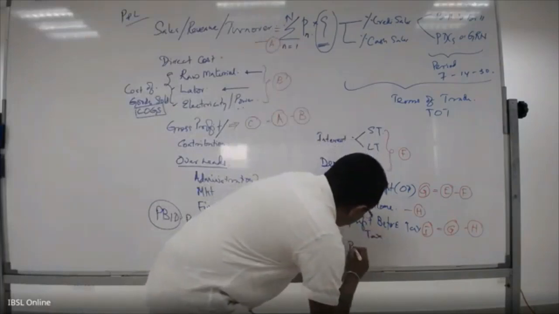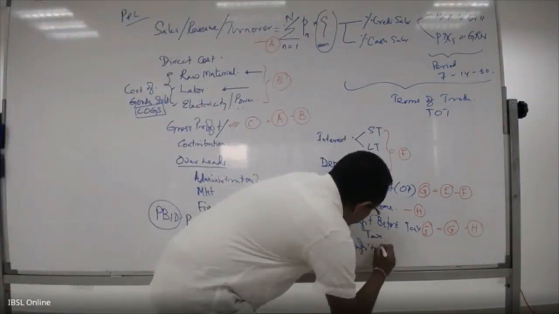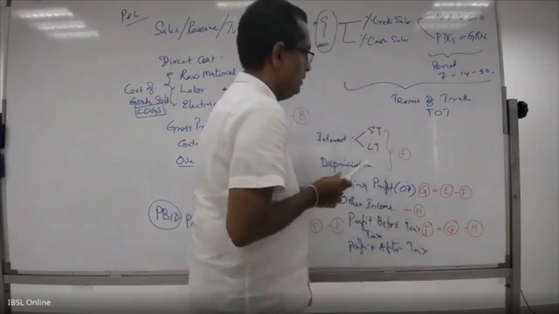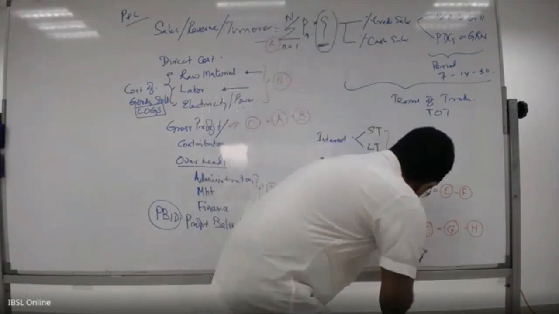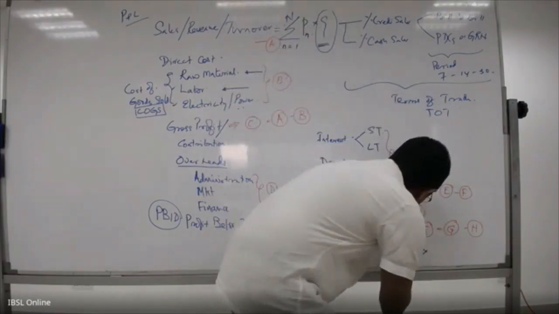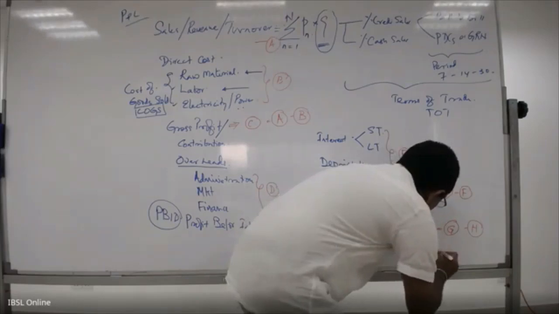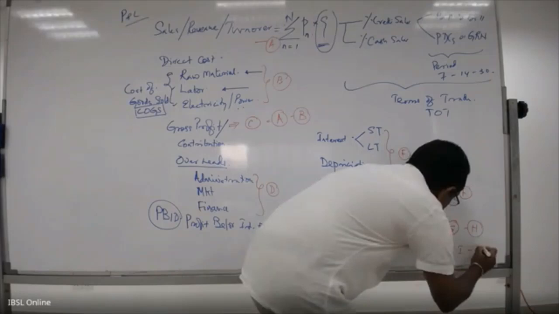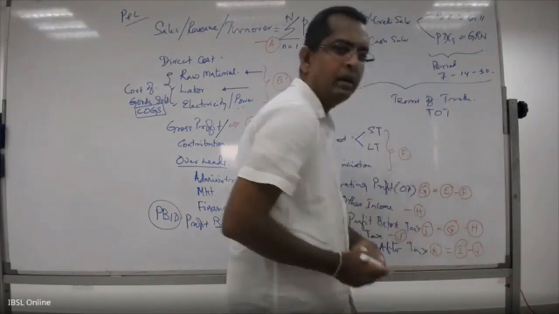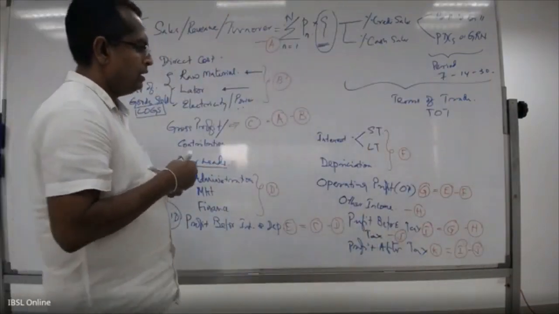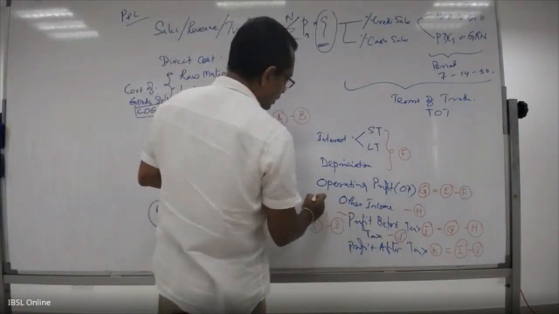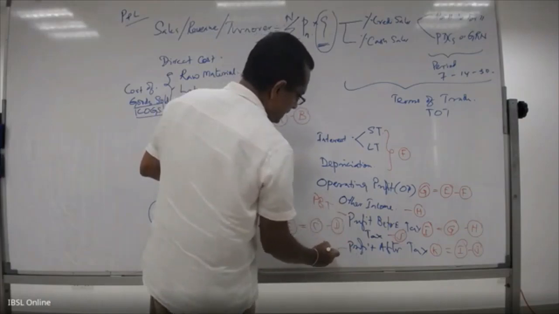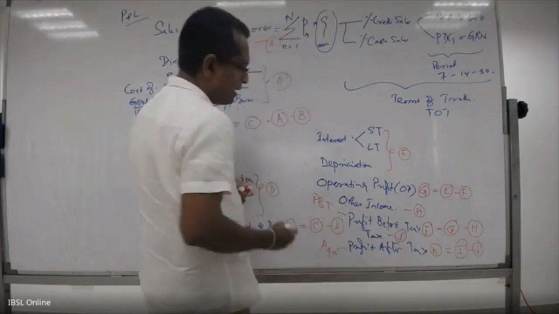Profit after tax, K equals I minus J, right? I minus J. Profit before tax is called PBT. This is called PAT, right? You should know this abbreviation.